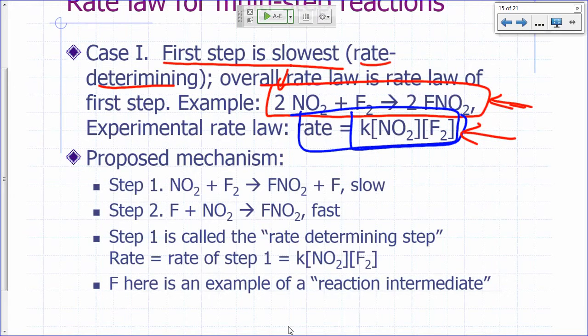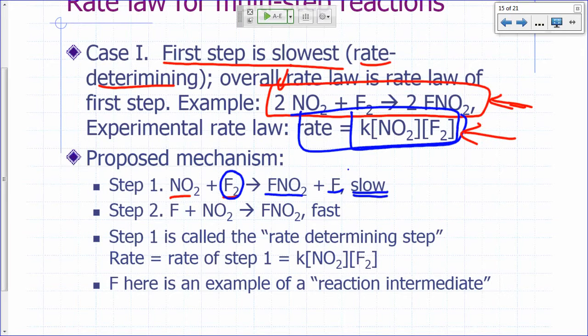So here you're proposing that one molecule of NO2 collides with a molecule of F2, and what happens? This F2 apparently split up, right? One of the fluorines attaches itself to the NO2, and then that leaves the other fluorine atom. So you have a collision between these two molecules, and we're proposing that that's a slow step.